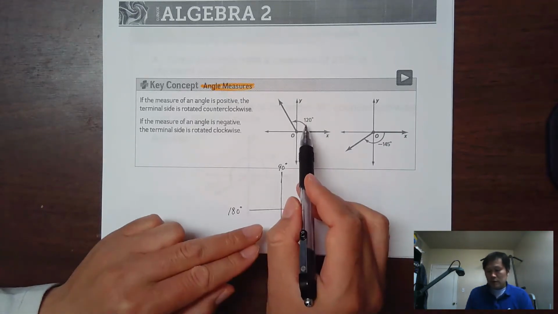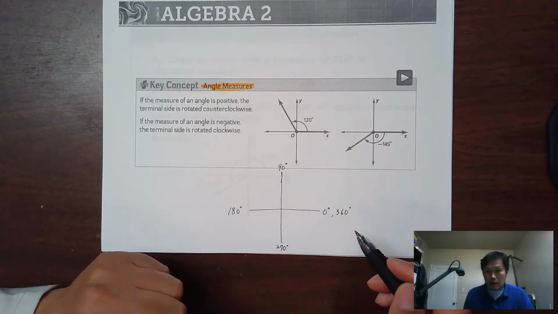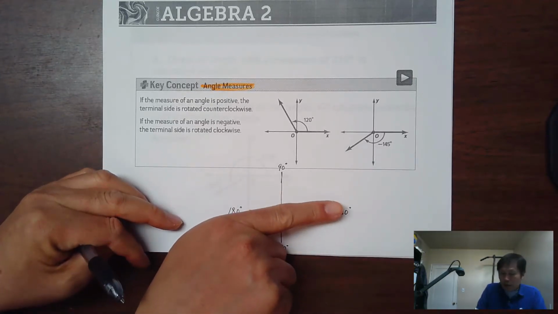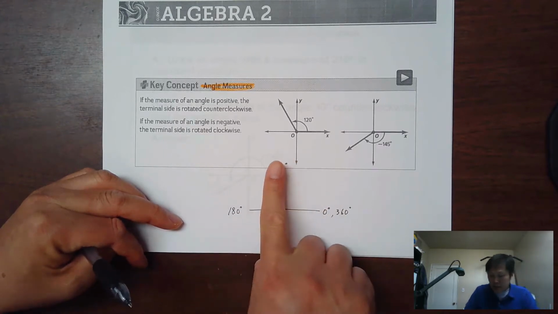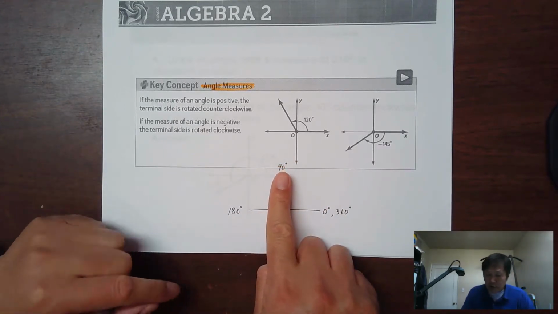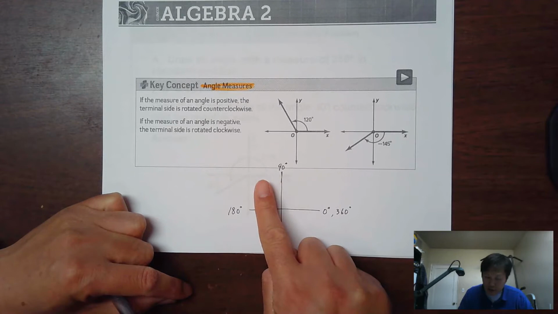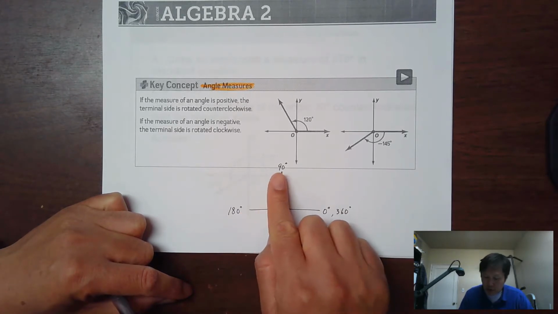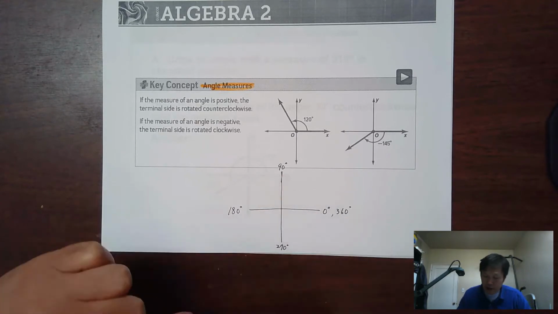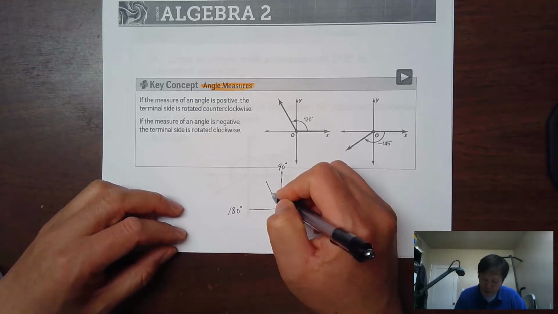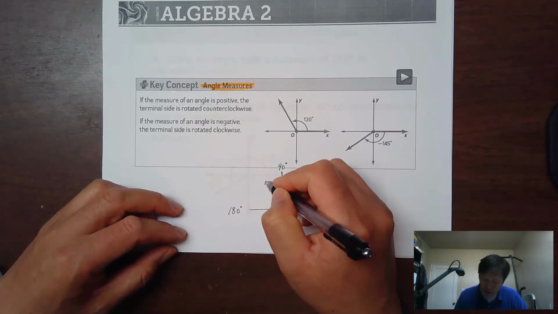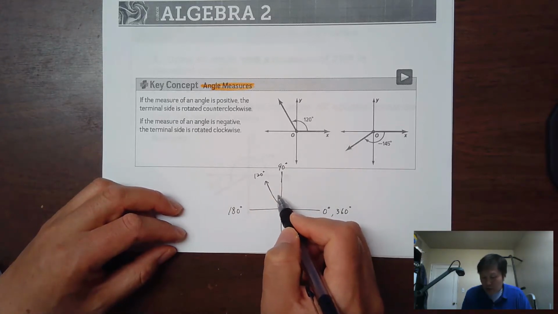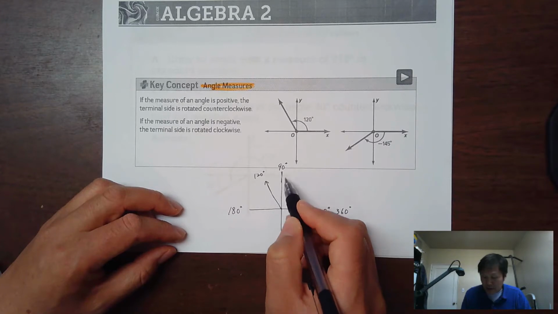So if we say plot 120 degrees, you start from here all the way up to 90 degrees. 120 degrees, you have to go past 90 degrees, but it's not going to be quite 180 degrees. So it'll be somewhere over here. How many degrees further do we pass after 90 degrees?